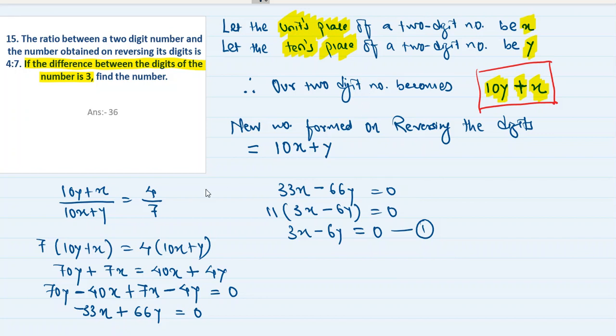I have discussed that with you. Since the denominator has a greater ratio, 7 parts, and the numerator has a smaller value in the ratio, x must be greater than y. And if x is greater than y, we can write the second equation as x minus y is equal to 3. Equation number 2.